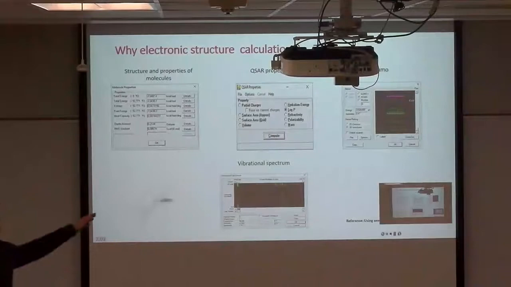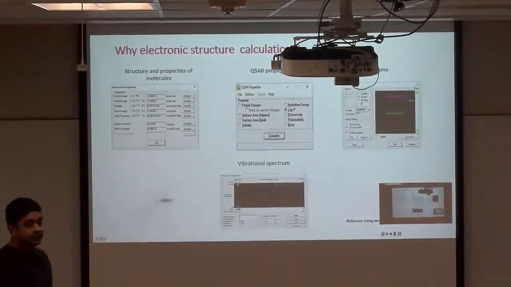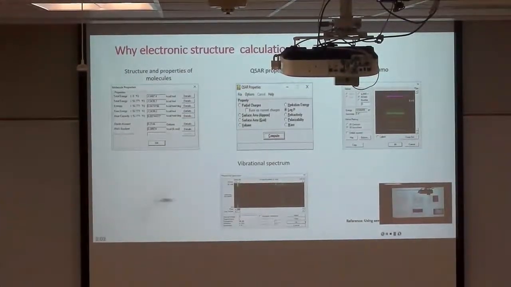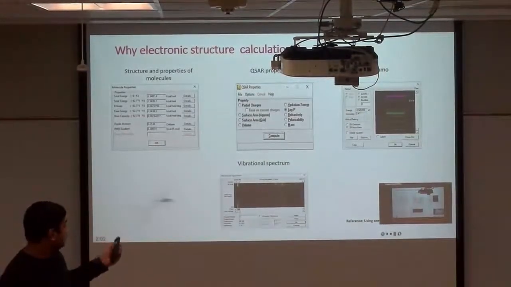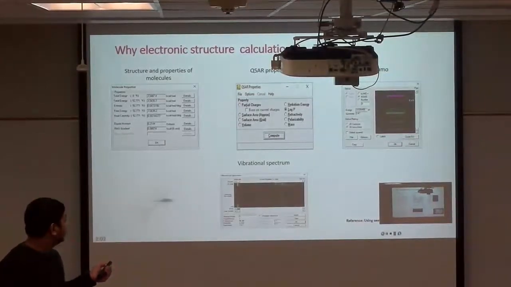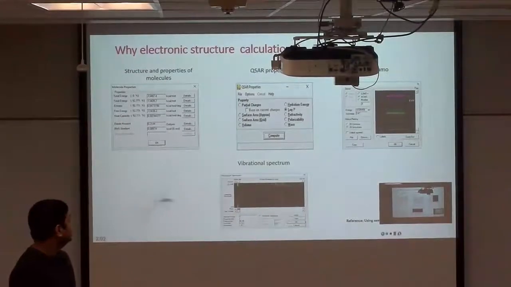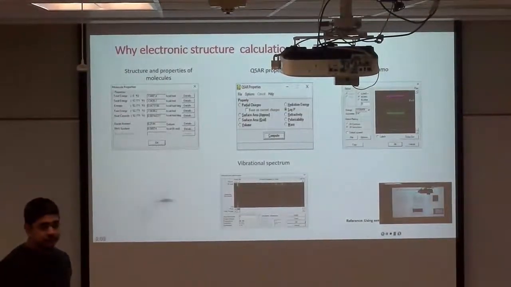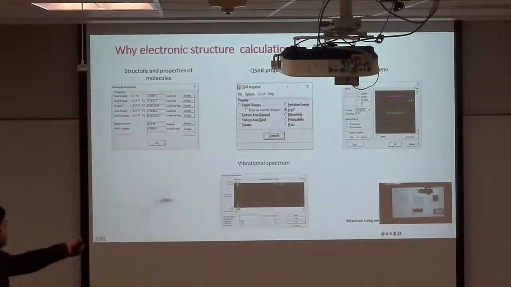So this is a very self-explanatory slide. We can calculate a bunch of information from the electronic structure, including the total energy, entropy of the system, and thermodynamic properties like hydration energy, refractivity, polarizability. We can also calculate electronic properties like the HOMO, and the vibrational spectrum.